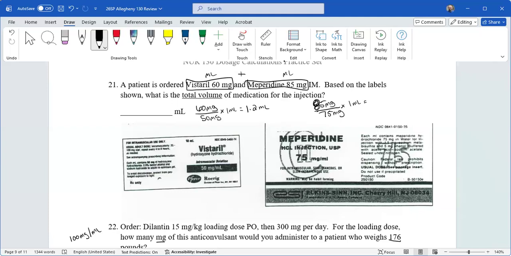And then 85 over 75, that's where you get 1.1333 repeating. We're just going to round that to 1.1, because we don't need all those extra numbers. Then I'm just going to add these two together and I'm going to get an answer of 2.3.